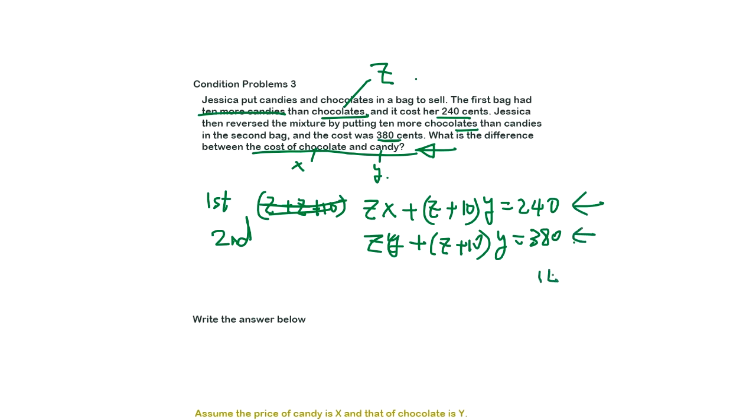So it's a 140, and this goes away, so Z disappears, so it becomes 10X minus 10Y equals 140.